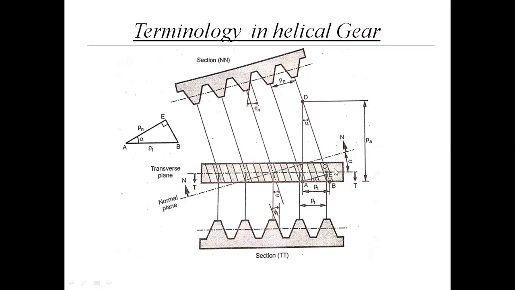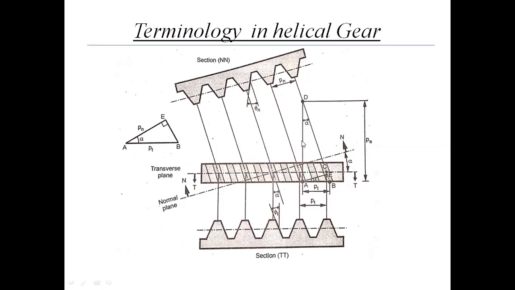Nine teeth you can see on the top view of the helical gear, which are making an angle with the axis of rotation. This is the axis of rotation. These teeth are at an angle with the axis of rotation.